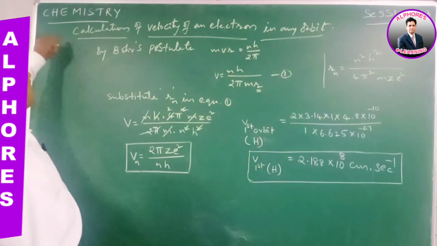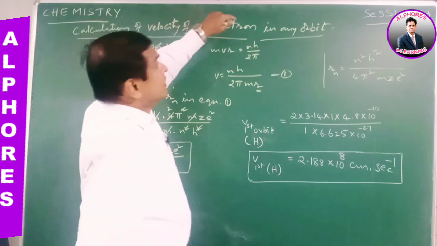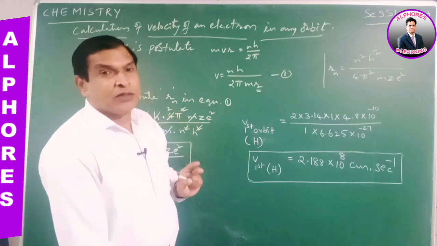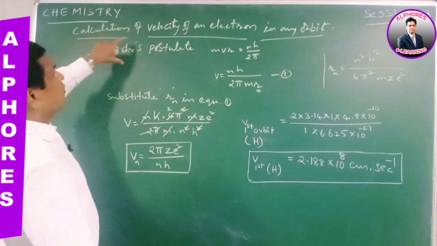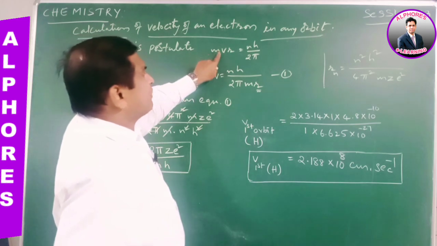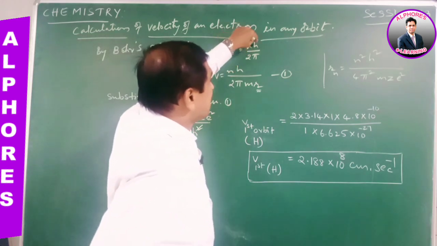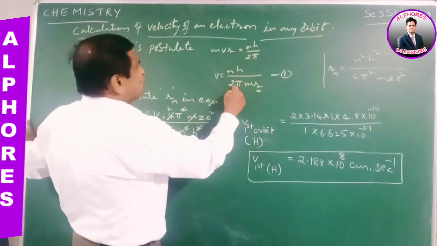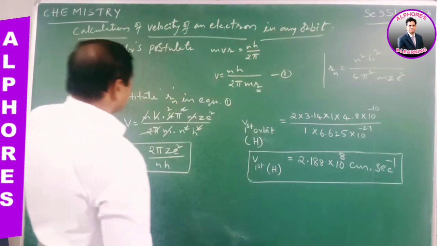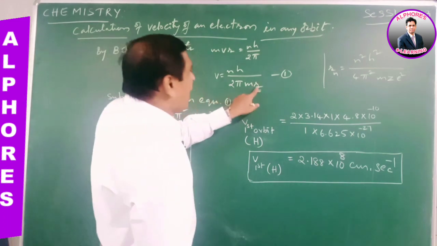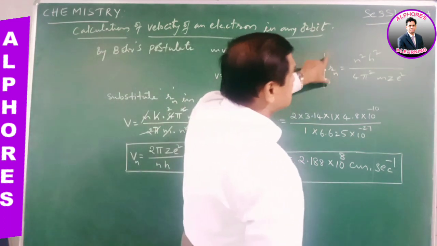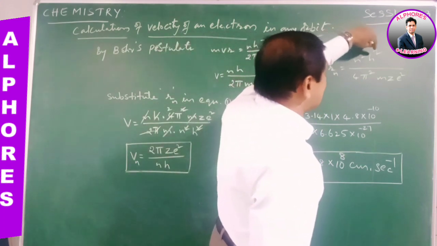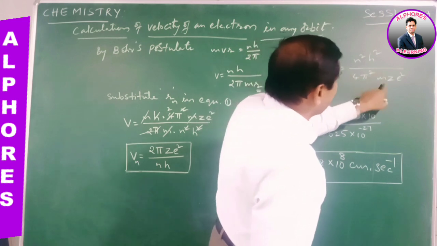Once again, the calculation of the velocity of an electron in any orbit of a species containing one electron should be remembered. By Bohr's postulates, the angular momentum of the electron is equal to an integral multiple of h by 2 pi, and from this v is equal to nh by 2 pi m r. Say it is equation 1. Here r is the radius of the nth orbit, r n equals n square h square by 4 pi square m z e square.